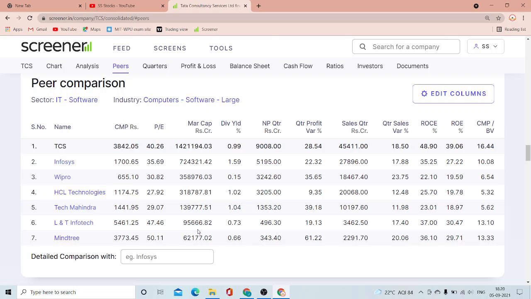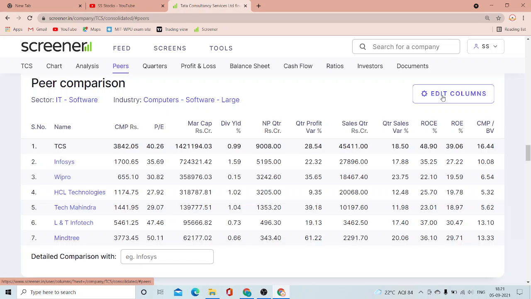Market capital, dividend yield, net profit for the quarter in crores, what is the quarterly profit, percentage variance in the profit, etc. You can also compare ROCE, ROE, return on capital employed, return on equity, and current market price versus book value. Here also you will be able to edit the columns.